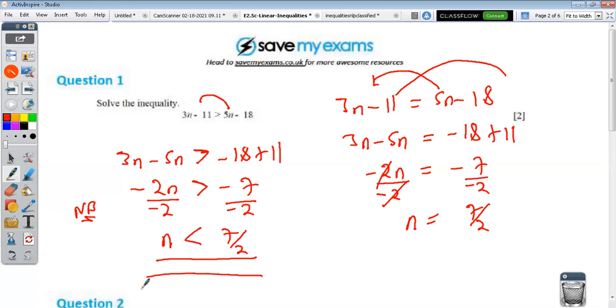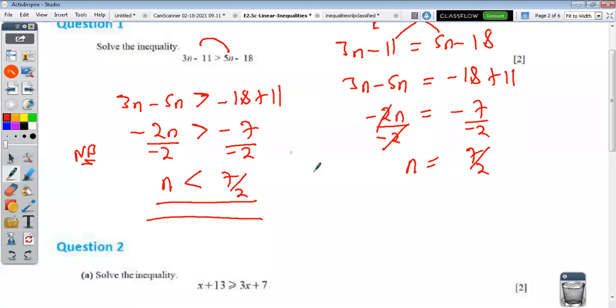Whenever we divide by a negative when dealing with inequality equations, the inequality sign changes direction. Clear? Yes, sir. Only that. So you can write that example there.